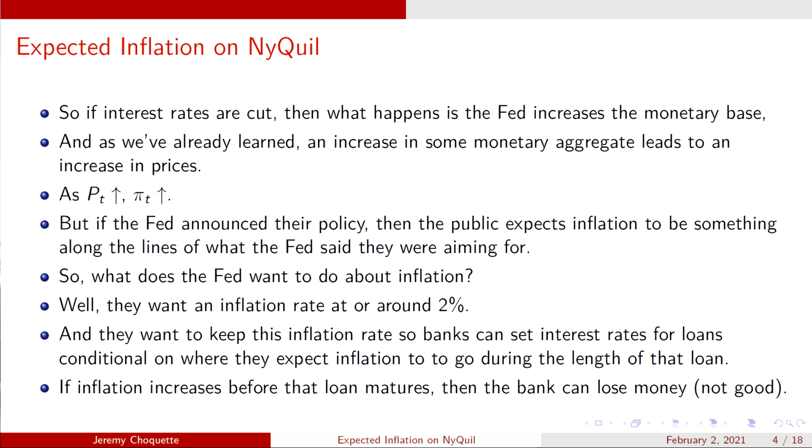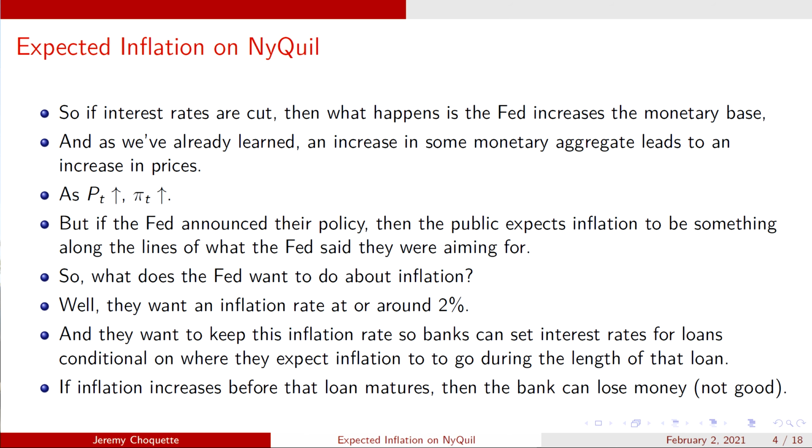But what happens if there's a deviation between inflation and expected inflation? And there's an inflationary spike that brings the rate of inflation up to, say, 6%. Well, now the real interest rate is negative 1%, and the bank lost money on that. That's not good. And that's going to lead to higher interest rates because banks are going to go, well, there's a lot of uncertainty, there's a lot of volatility in the expected inflation rate.